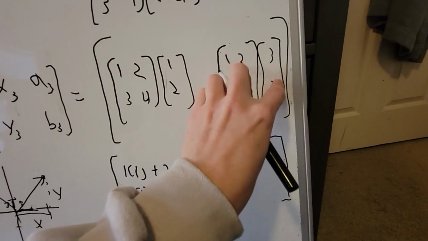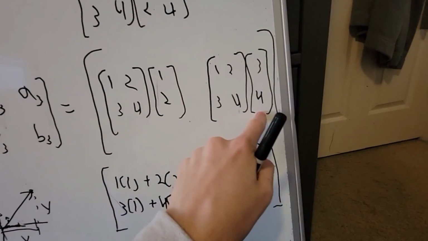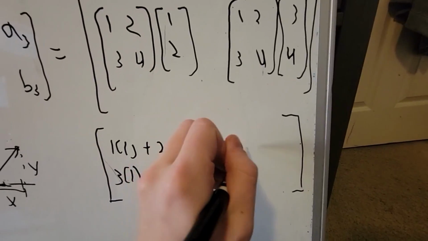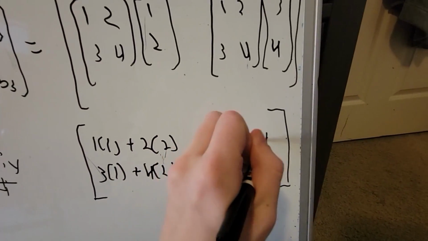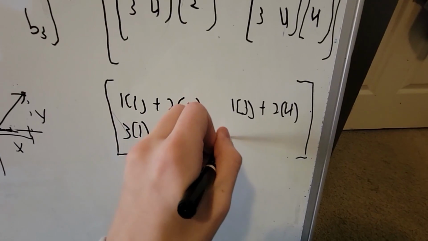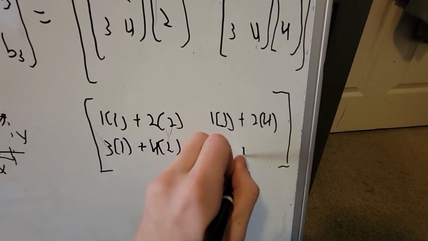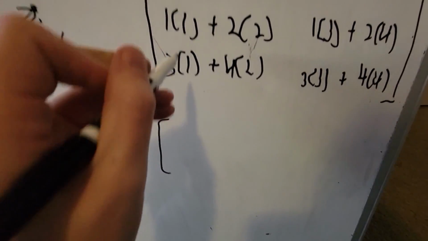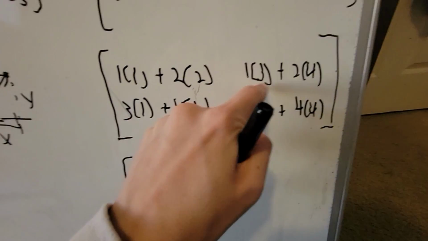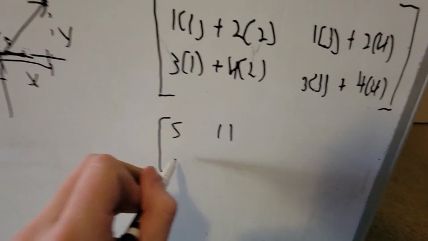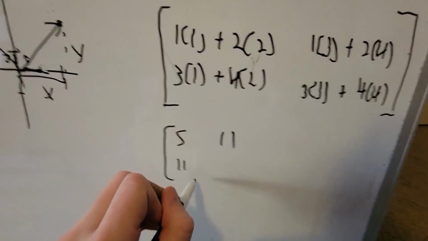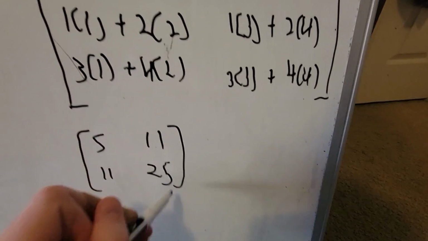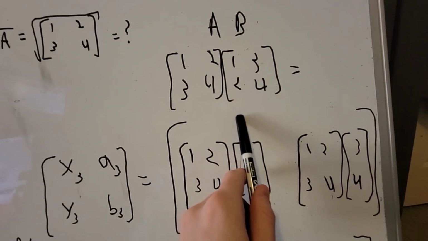The second column is going to be 1 times 3 plus 2 times 4, and then 3 times 3 plus 4 times 4. We simplify all of this. 1 plus 4 is 5. 3 plus 8 is 11. 3 plus 8 is 11. 9 plus 16 is 25. So that's how we multiply two matrices.